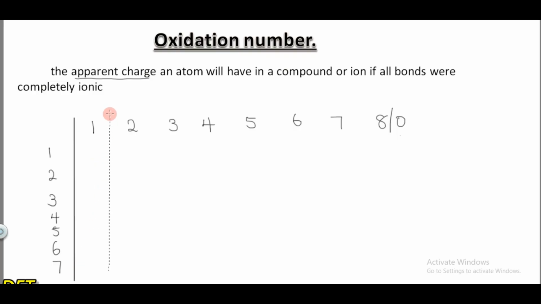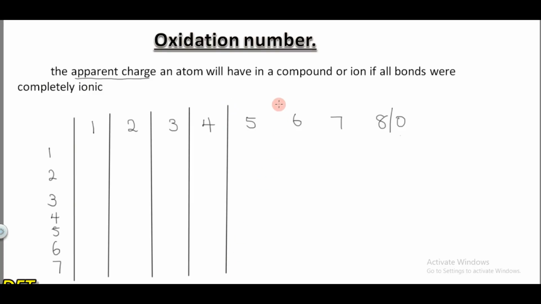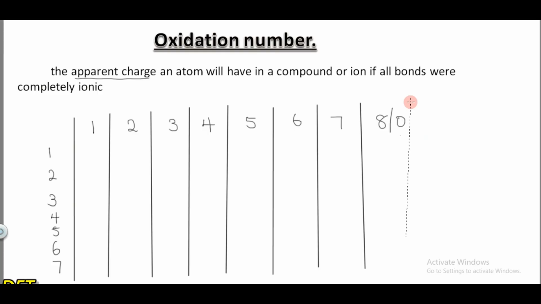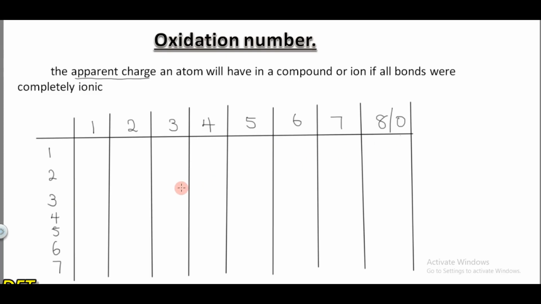In the periodic table, it's very important that you should know that from top to down is your group, right? So these are the groups. Group from up to down is group. So this is group 5, this is group 6, this is group 7, and this is group 8 or group 0, right? Then from left to right is your period.